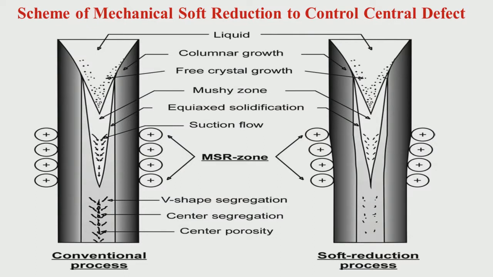I have mentioned that normally the last portion of the cast product is almost horizontal. That means initially the solidification starts in the mold when it is vertical or curved, depending on which type of mold you are using.